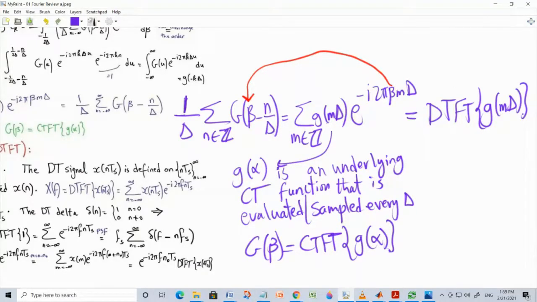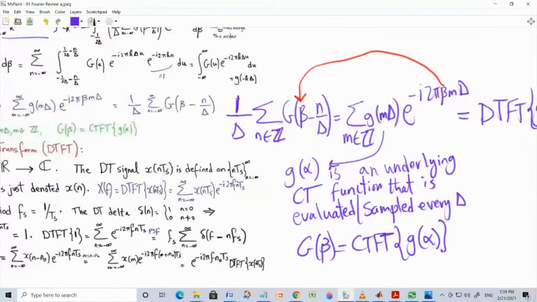So the DTFT of this is given by another infinite sum involving the continuous time Fourier transform of g of alpha, shifted. Basically this is G of beta minus 1 over delta, G of beta minus 2 over delta, and so on. Basically, n takes all integer values.